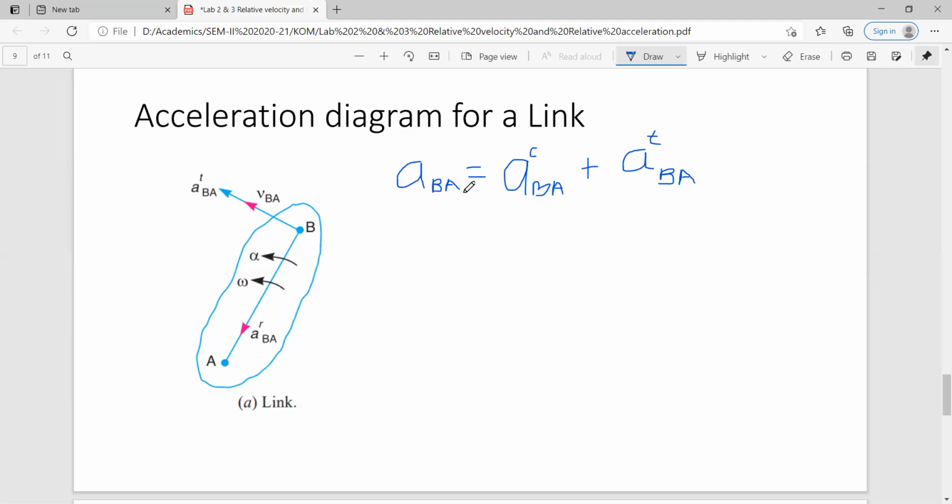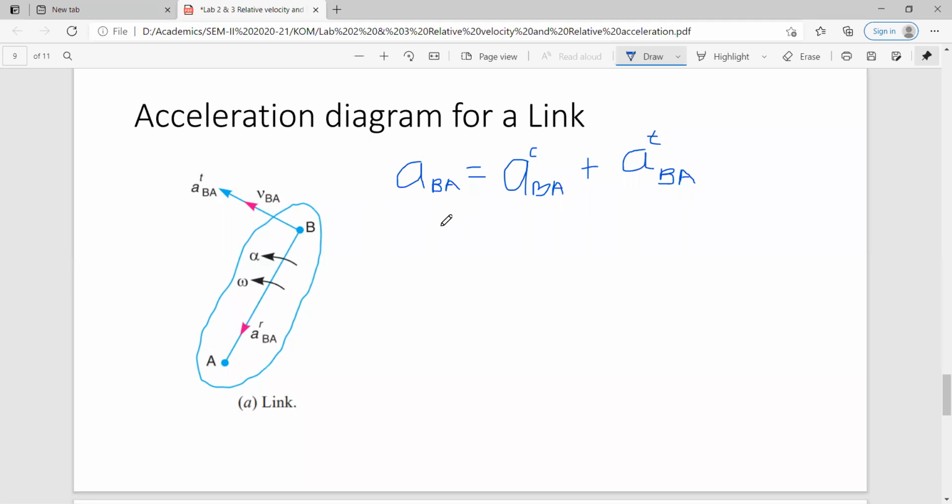Now let us look at the label, how we can label this particular acceleration. Acceleration is the vector. Now you tell me what will be the name of acceleration of B with respect to A. What will be the label of this vector, acceleration of B with respect to A?